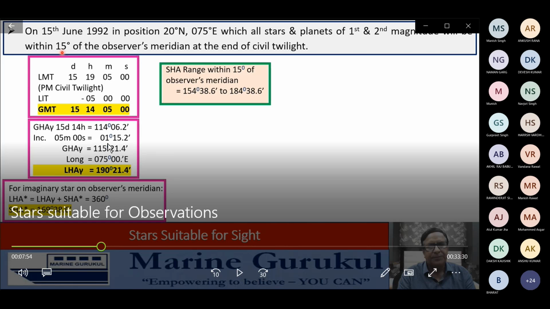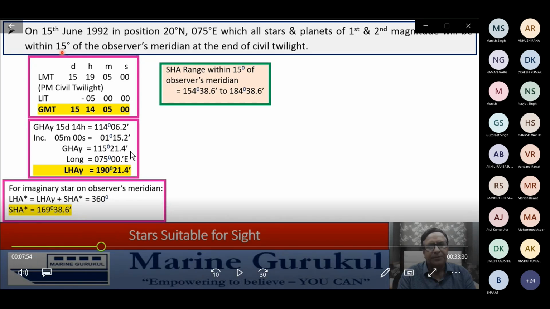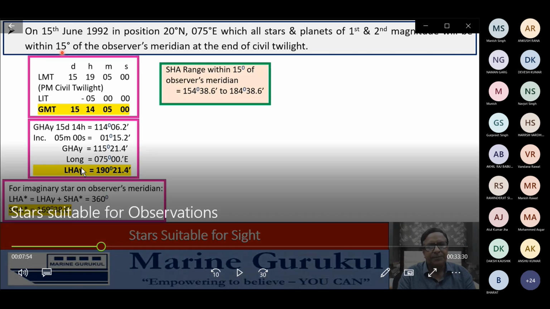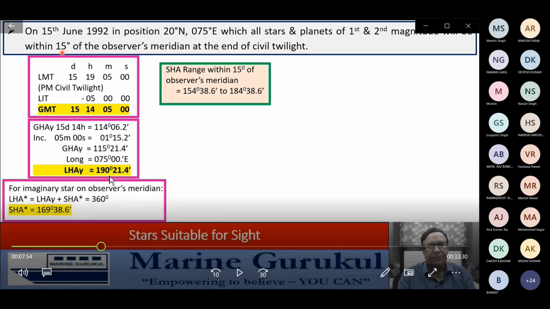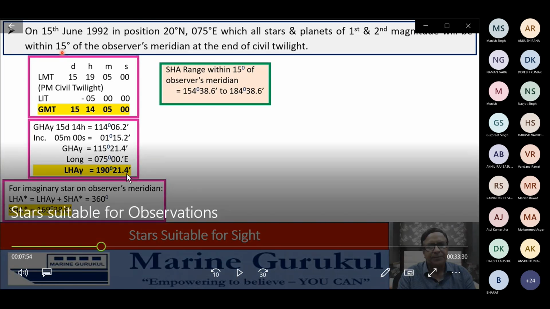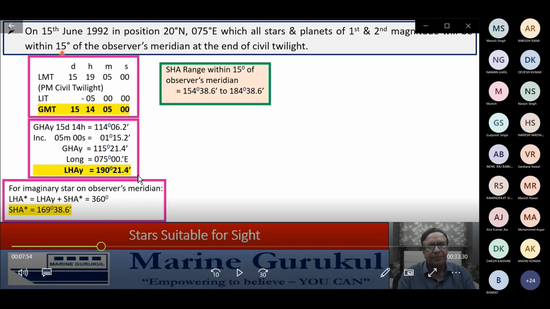Then we apply the increment for 5 minutes and we get the value of GHA Aries as 11521.4. Now we apply our longitude, which is given in the question, 75 east. When you apply the longitude, you get the LHA of Aries. So that comes out to be 19021.4, longitude east, GHA east. So up to here, okay?